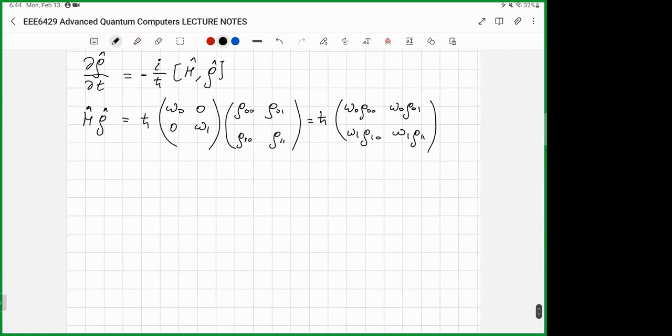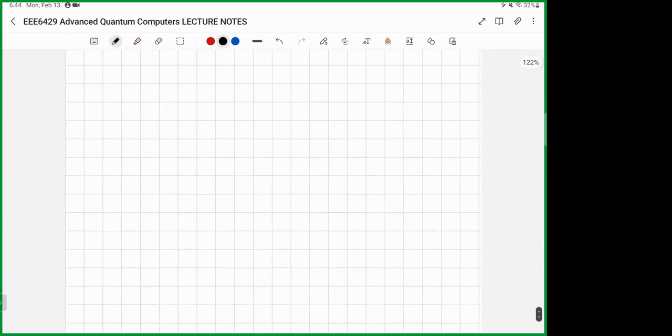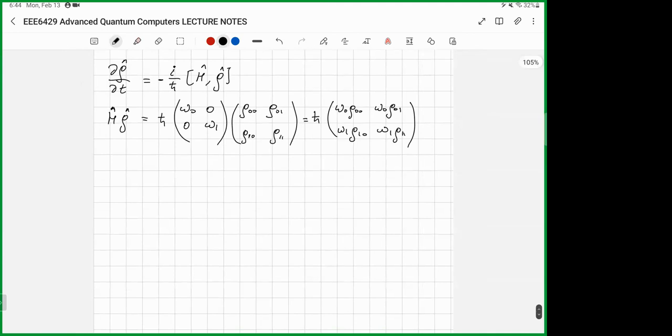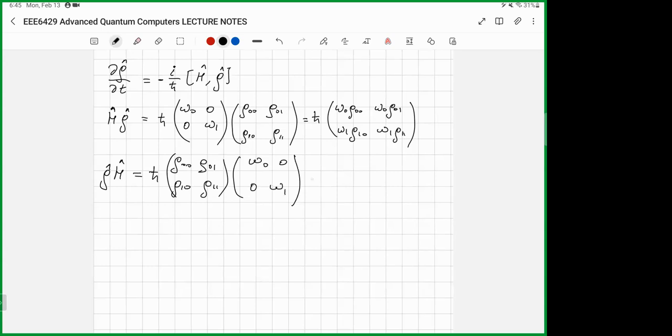Okay, and for the commutator, I need another product, of rho by H. So it is H bar, and then rho 0 0, rho 0 1, rho 1 0, rho 1 1, matrix product with omega 0, 0, 0, omega 1. It will give me another 2 by 2 matrix.